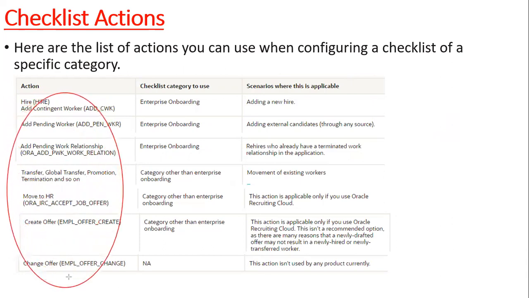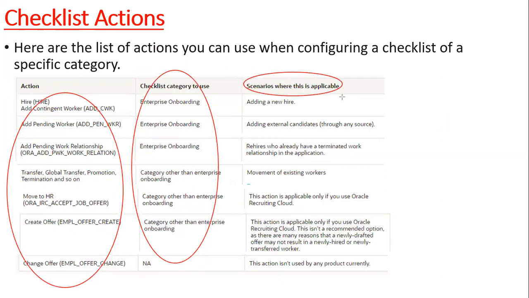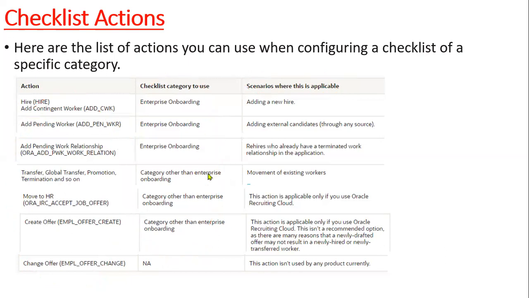This offer letter comes from ORC, Oracle Recruitment Cloud, and we can see all these actions from different categories and the scenarios where each one is applicable. So this is going to be used whenever we are working with the applications. So that's about the checklist actions which we are going to have at the different levels.